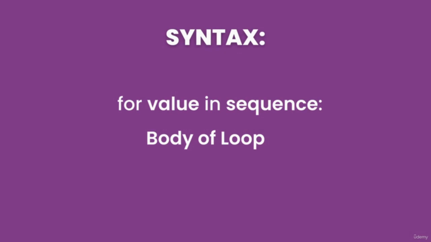Remember that even in loops, you need to put a colon after the first line of code and put an indentation before the body of the loop. If you forget to use a colon right after the sequence or an indentation right before the body of the loop, it will cause an error.